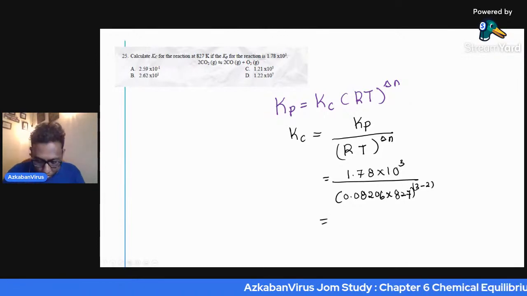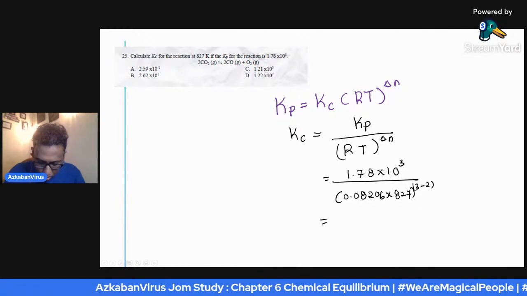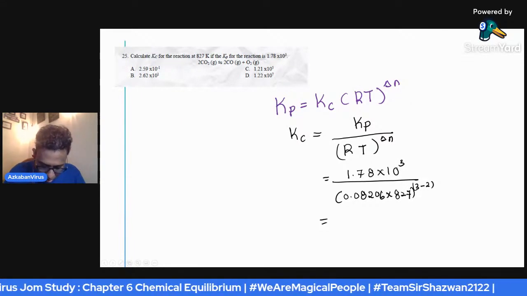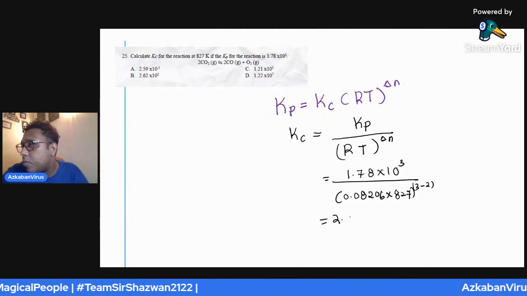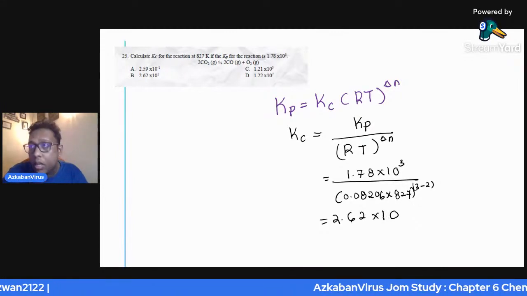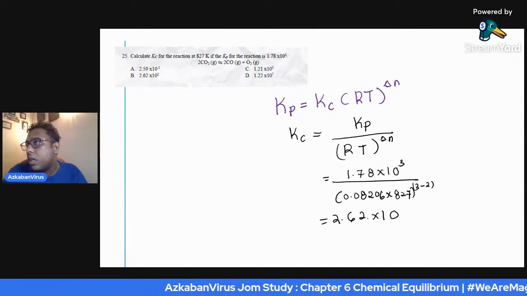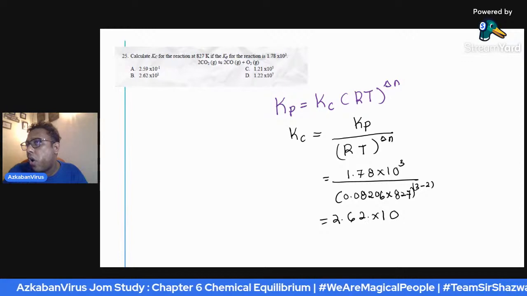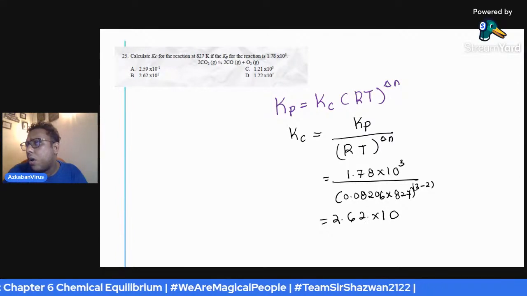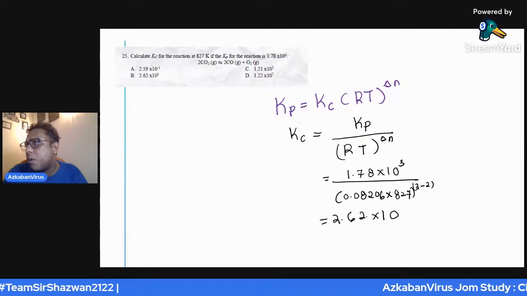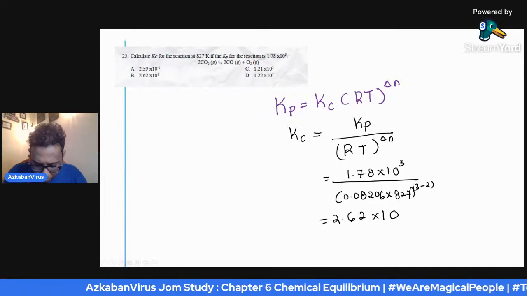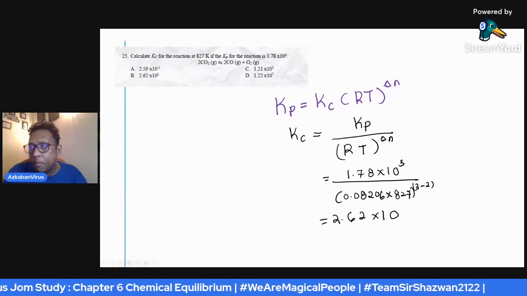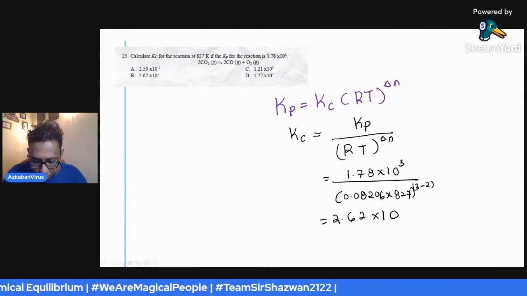This is equal to 2.62 darab 10 kuasa... sorry.